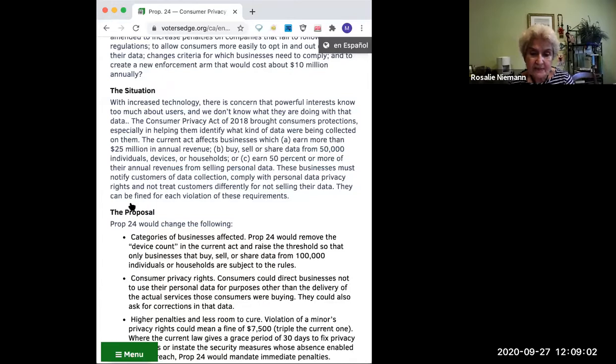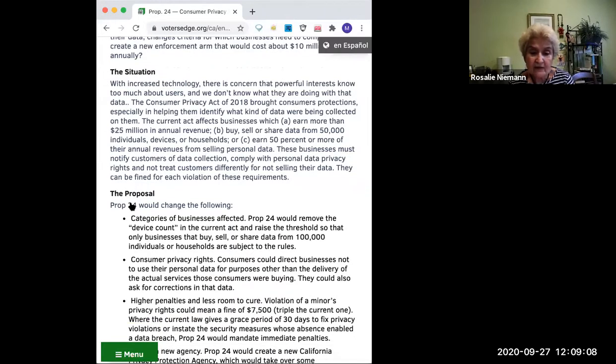These businesses must notify customers of data collection, comply with personal data privacy rights, and not treat customers differently for not selling their data. They can be fined for each violation of these requirements.